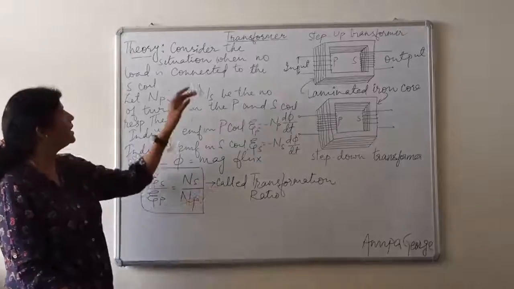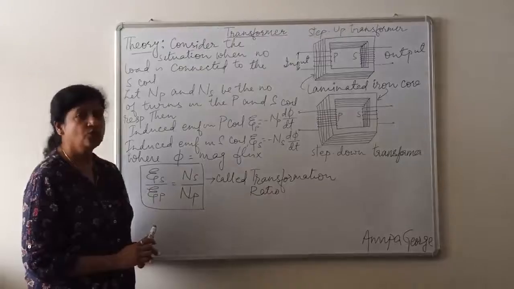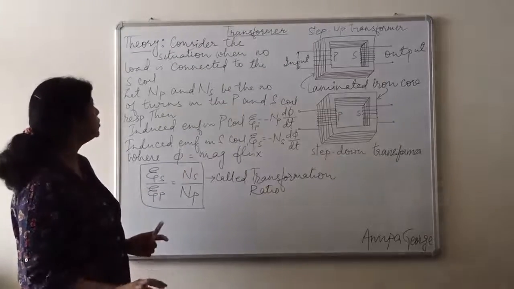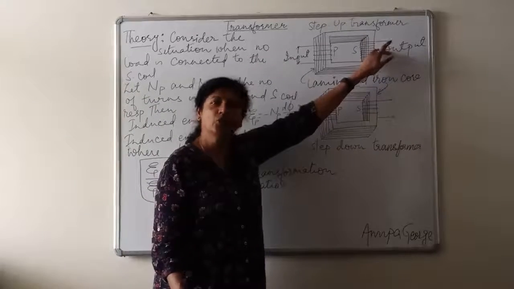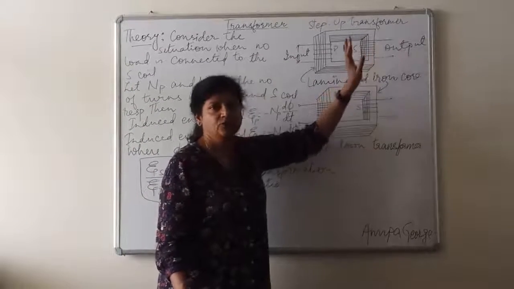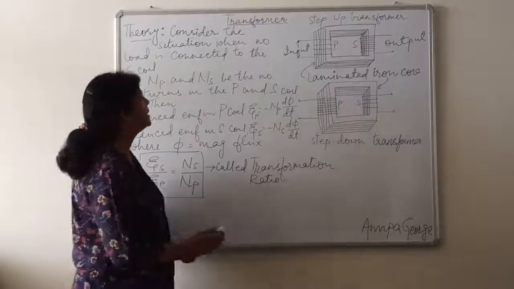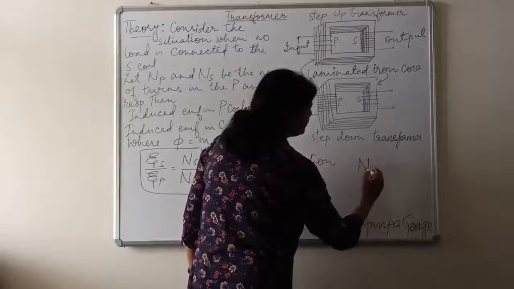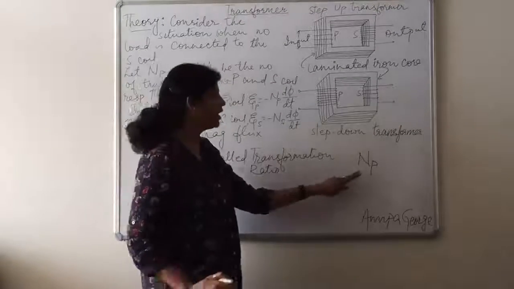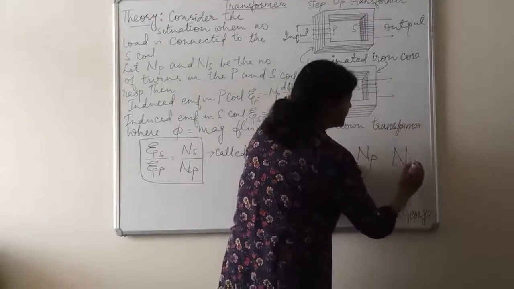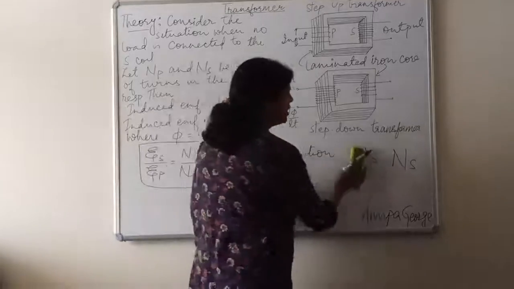Theory. Now, let us consider the situation when no load is connected to the secondary coil. Let Np be the number of turns in primary coil and Ns be the number of turns in the secondary coil.